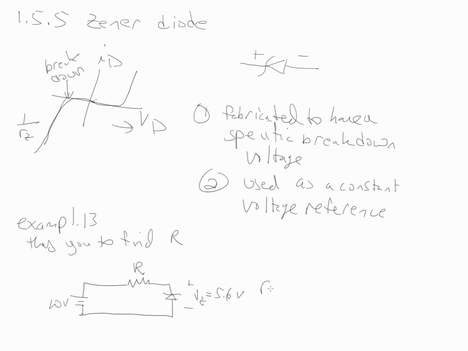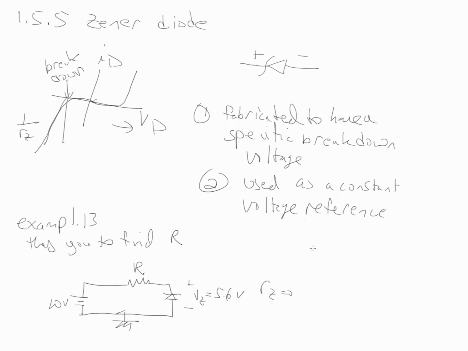They also tell you that RZ is equal to 0. Okay, so this slope is basically just straight down. So the voltage is constant over the course.